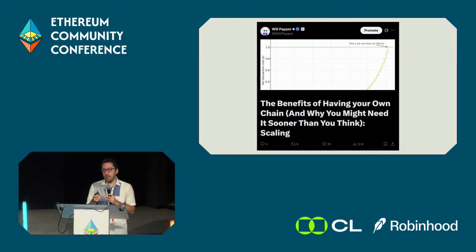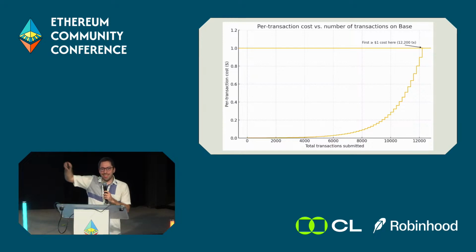So if any block, which on most OP stack chains, for example, is 2 seconds, if any block is over 50% full, so starts to hit these transaction thresholds, gas fees go up by up to 12.5%. You play that out, you look at the chart, gas fees keep going up. That's why it's stepwise. That's why you see those jumps. Those jumps are as each block increases fees. And then, bam, you're paying $1 fees.